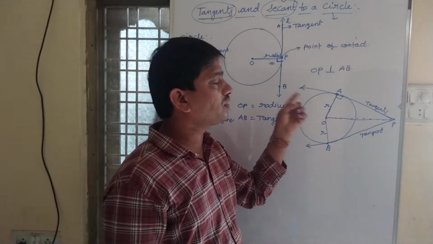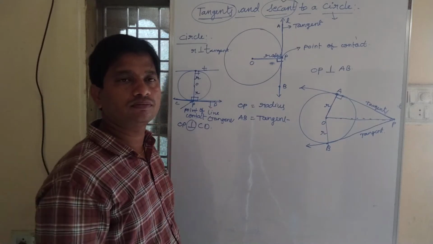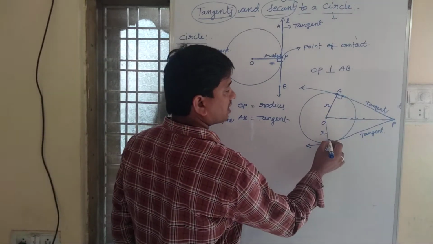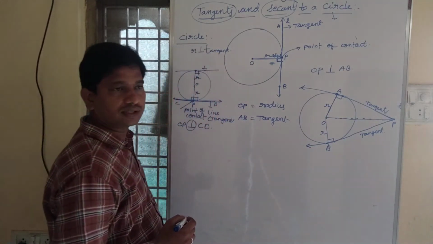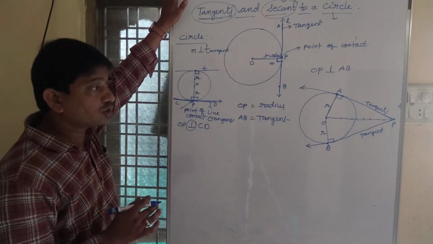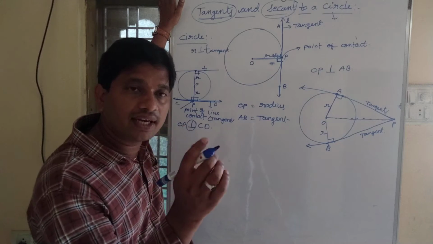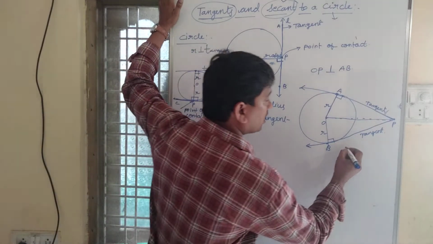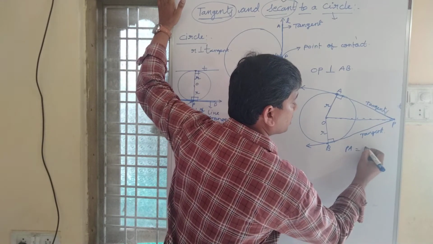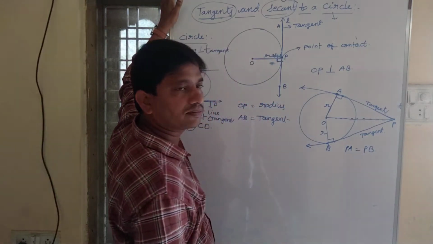Here OA and OB are both radii. And also, the lengths of tangents drawn from an external point to a circle are equal. I mean, the length of PA must be equal to the length of PB.